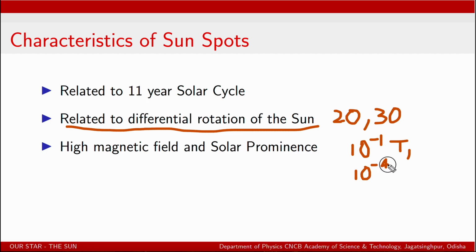Typically, these are not exact numbers, they can vary. And when you compare all these things to the magnetic field on the surface of the Earth, that will be around 10 to the power -6 Tesla. So this magnetic field is very strong.